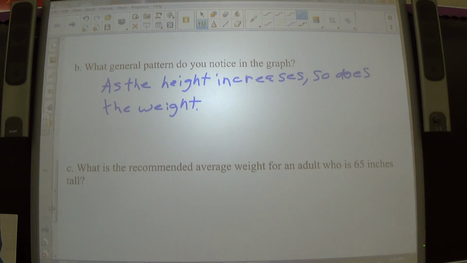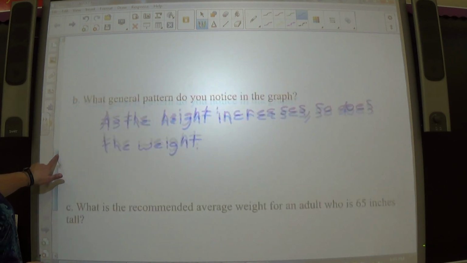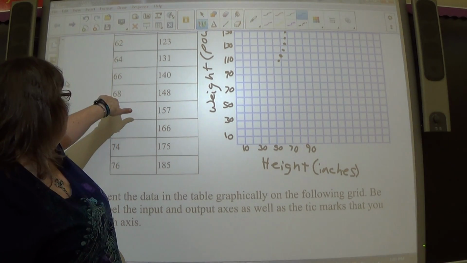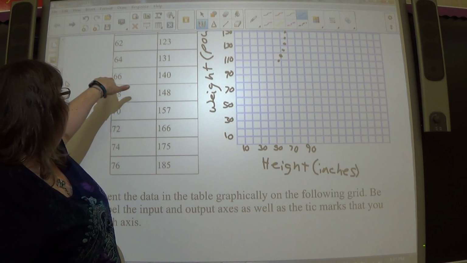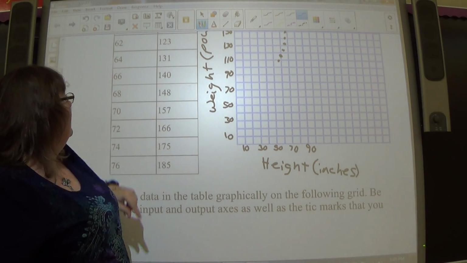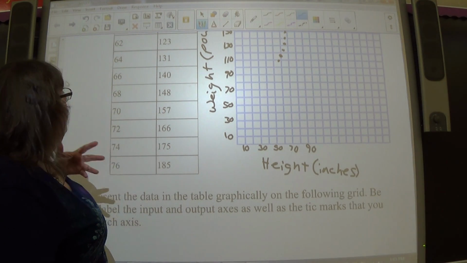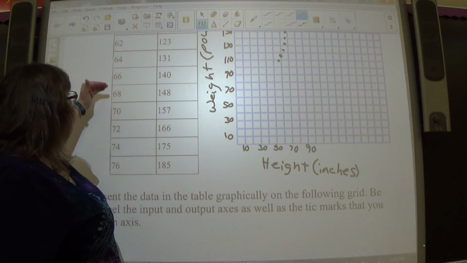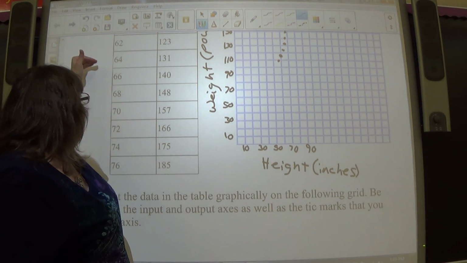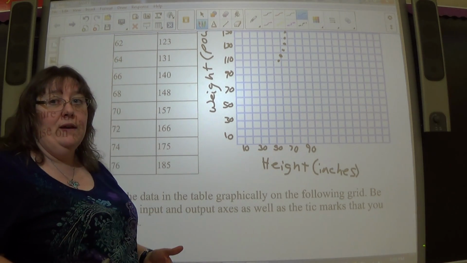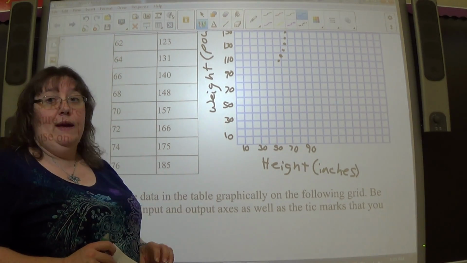Okay? Now, what is the recommended average weight for an adult who is 65 inches? Go back to your graph, okay? 65 inches is in between 66 and 64. So you're looking anywhere between 130 and 140. So instead of saying a range, you actually need to figure that out. So 65 is in between 66 and 64, so take the average of 131 and 140, okay?